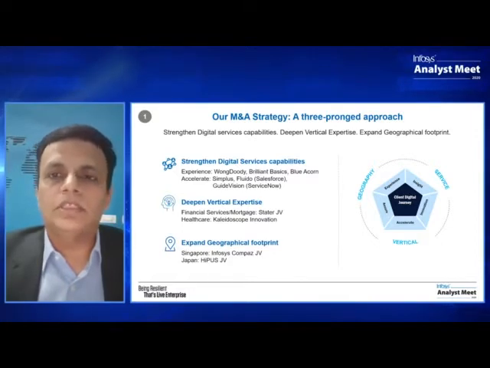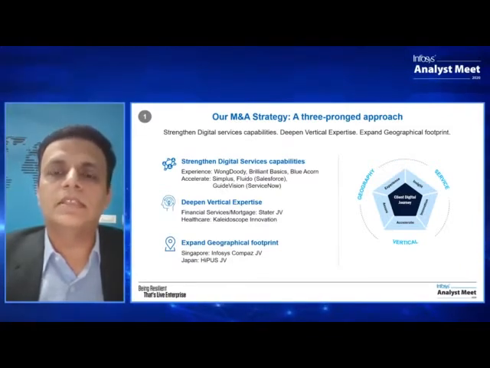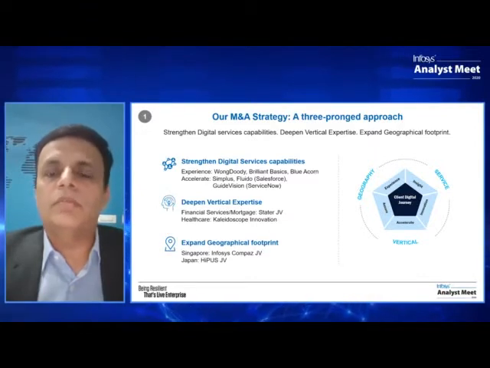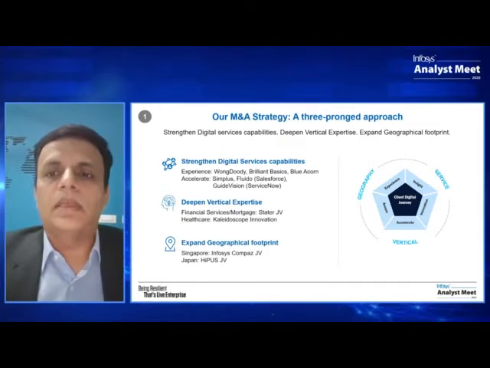Similarly, if you look at the joint ventures that we have done, these are all with a strategic plan in specialized platforms and strengthen our geo footprint. For example, Stater in mortgage platform and financial services in continental Europe, Hypers in Japan, and iCompass in Singapore are examples of geo focus and expansion.